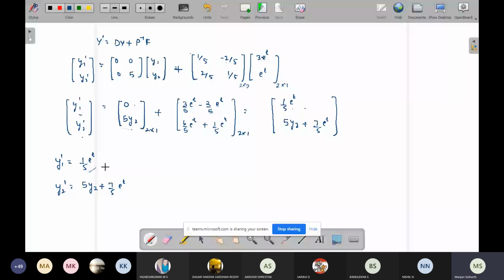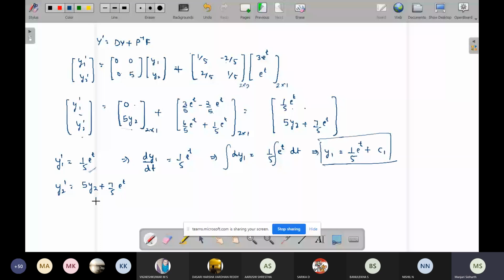But I'll suggest you just separate the variables. So dy1 is equal to 1 by 5 e power t dt. Now integrate it. That means y1 is equal to 1 by 5 times the integration of e power t, which is e power t, plus constant of integration c1. So this is your y1.